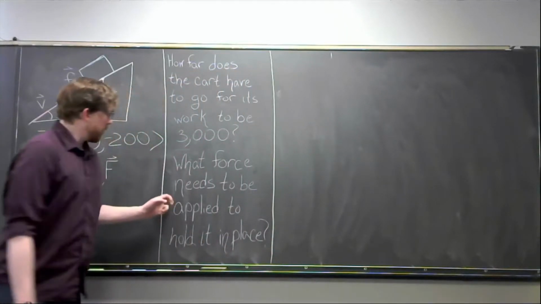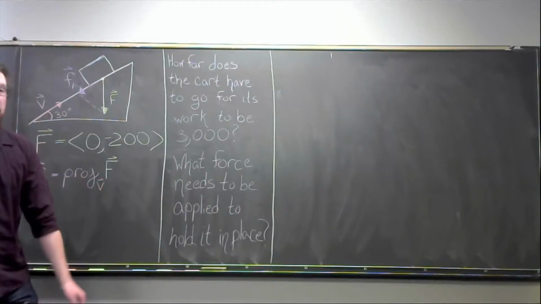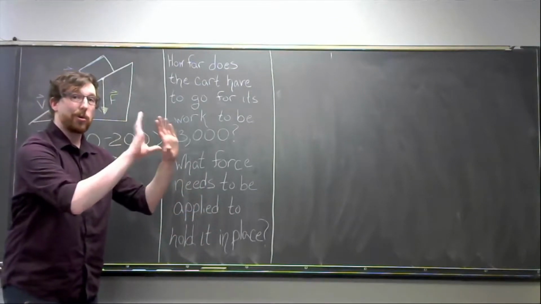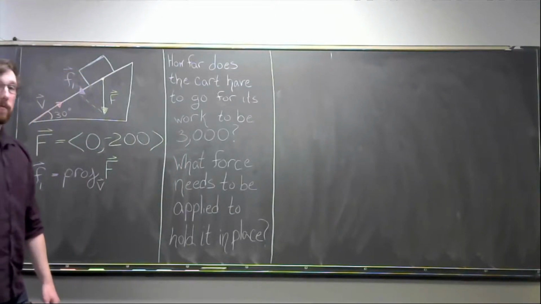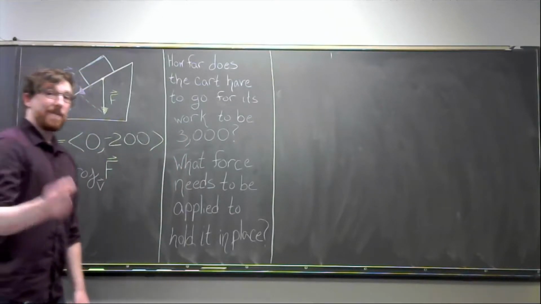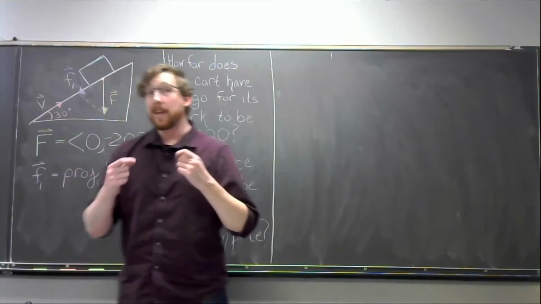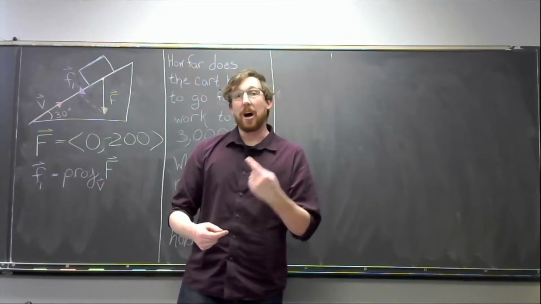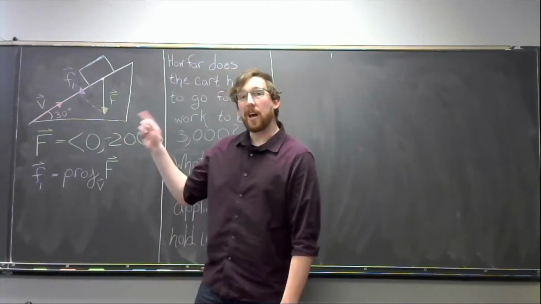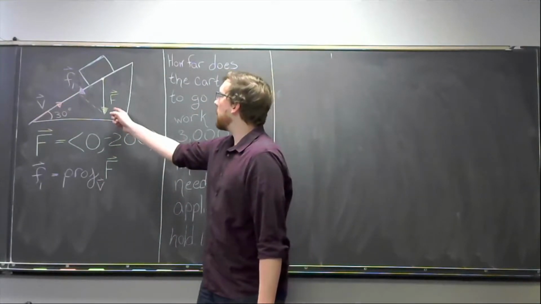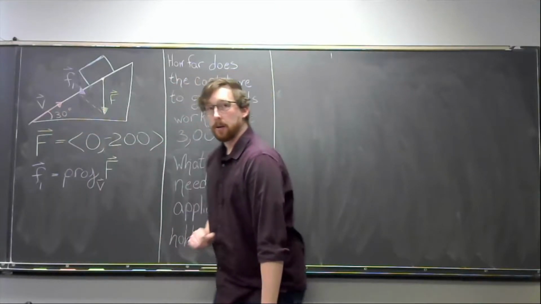The other thing, to find out how much force it's going to take to hold that cart in place, what we're looking for is a vector of equal magnitude, but in the opposite direction of F1. Now notice F1 is the projection of F onto V.